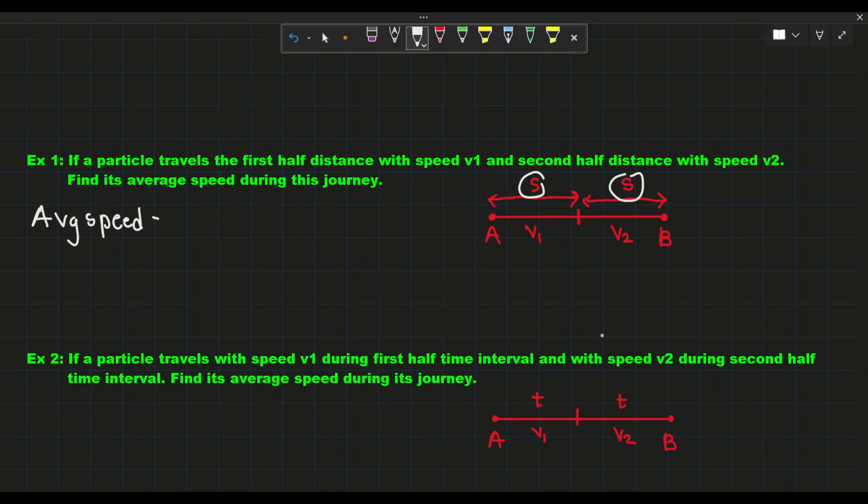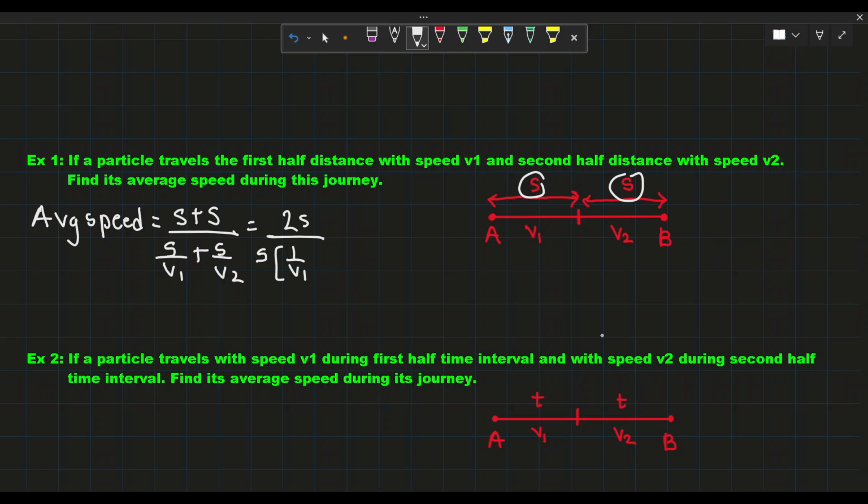Average speed, we all know, is total distance upon total time taken. So your total distance from A to B would be s plus s, which is 2s, upon time taken. Time would of course be s by v1 plus s by v2. Okay, so 2s upon, if we try to make the denominator the same, let's first take s common.